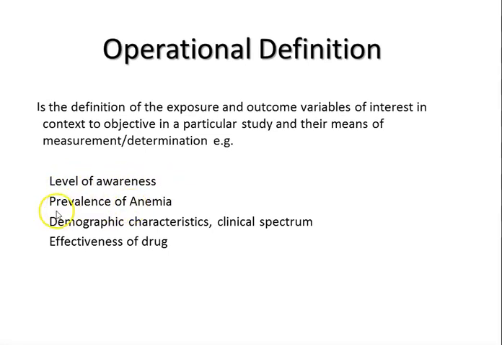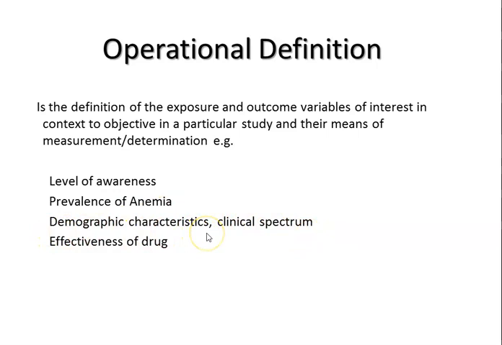The next variable is prevalence of anemia for another study. Here anemia has a standard definition and so does prevalence, so I do not need to give an operational definition. Another example is demographic characteristics and clinical spectrum.